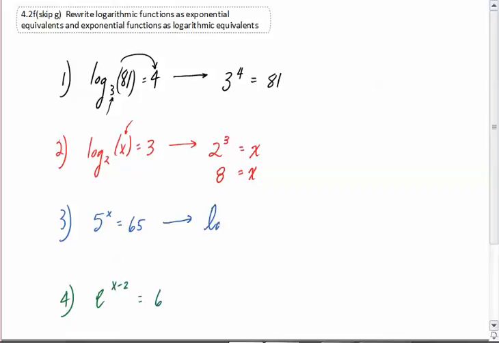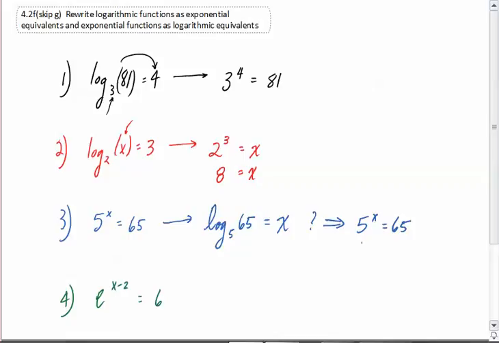That would be log base 5 of 65 is equal to the exponent x. Now, does this help me? Do I now know more information about the variable x? Well, not really. Okay, so here's what I might do at this point. This is a little bit different. What I might do is go back to the form it was before.